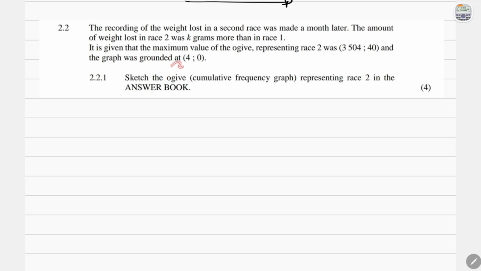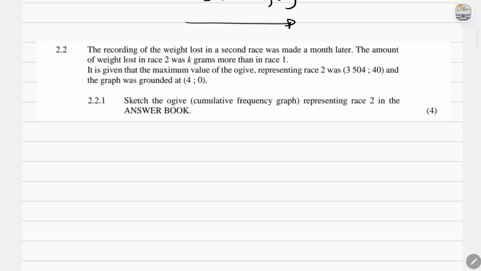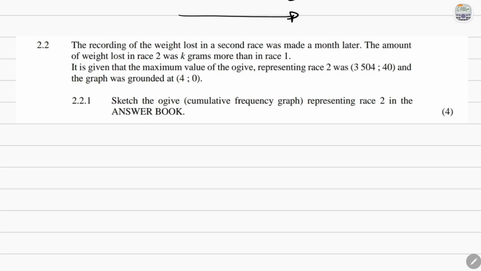Okay, and then the graph was grounded at (4; 0). And they want us to sketch the ogive, the cumulative frequency graph, representing race 2 in the answer book. Okay, so do you see that? Here they told us that the amount of weight lost was k grams more than race 1.